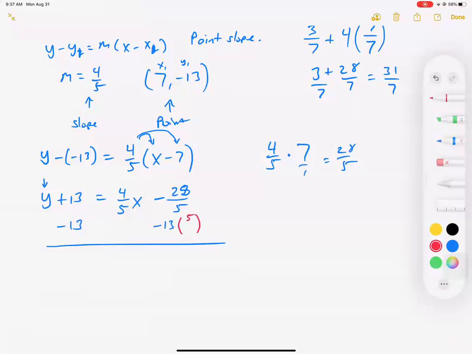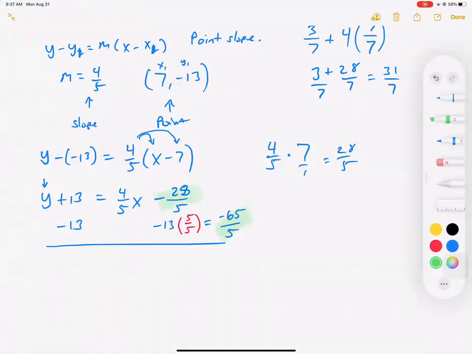So I'm going to write 5 over 5. I'm multiplying the 5 on top and on bottom. So it looks different, but it's still exactly the same value. It's math plastic surgery. 5 times 13 is actually going to be 65 over 5. Now, I want you to see that the denominators are the same now, right?